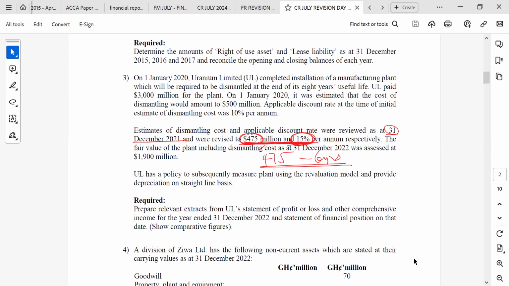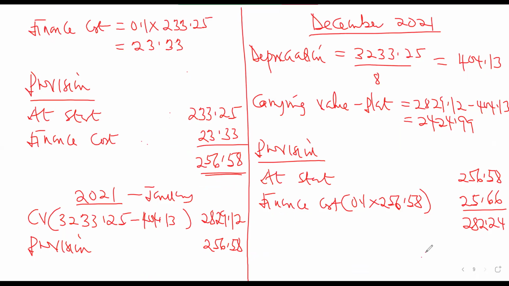Okay, so let's do that. So let's do our closing balance, our reassessed provision, or the actual provision at this date. What we have done was based on 500, and we have this figure in our books. Now they are saying that this should be only 475.